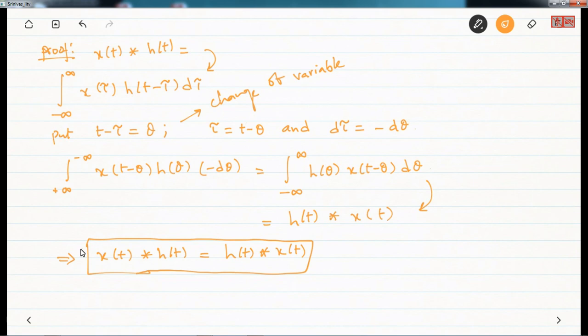So what is an important implication of this property?